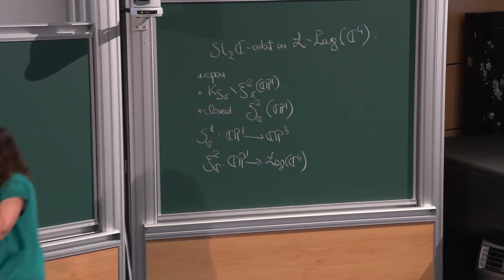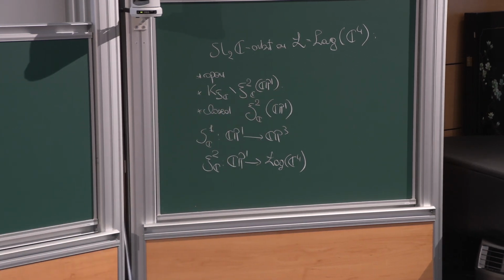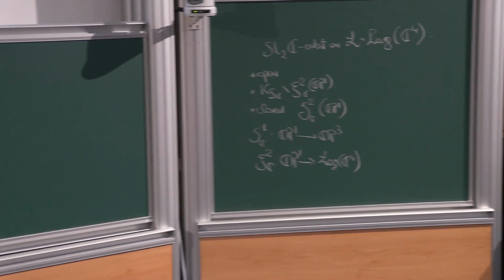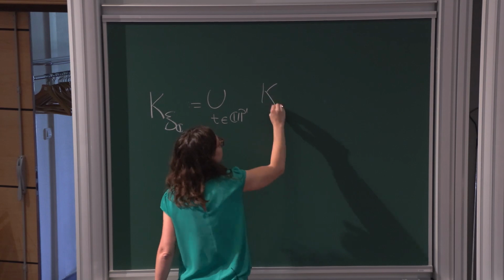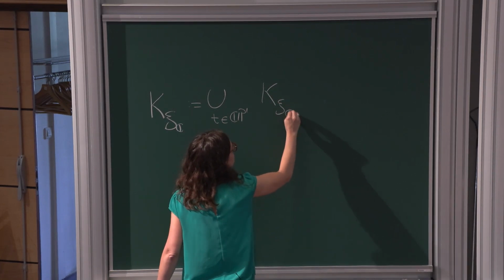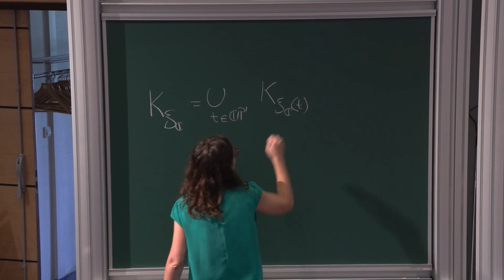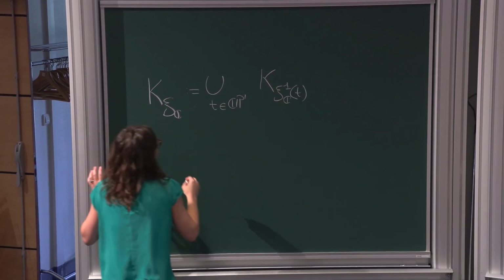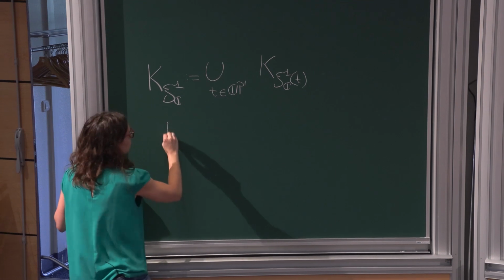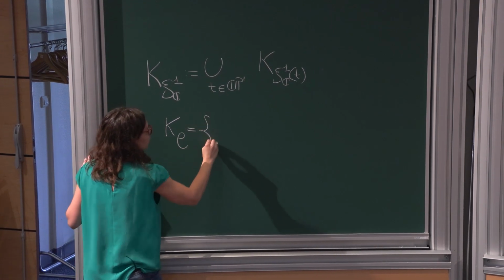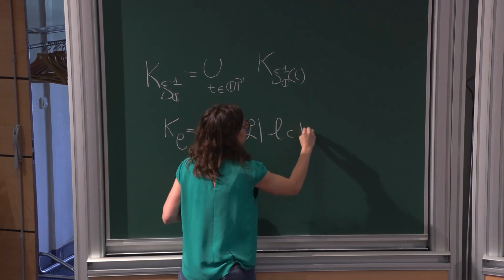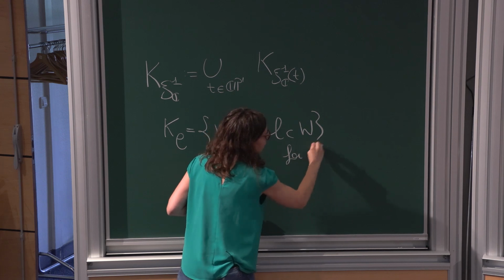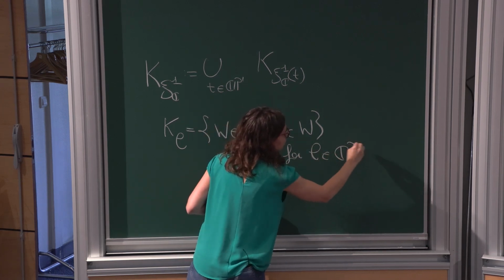And so how do we define this K-space? So this KCC is defined as the union over all points in CP1 of KC of T. And KL is the set of Lagrangians that contain L, when L is a point in CP1.